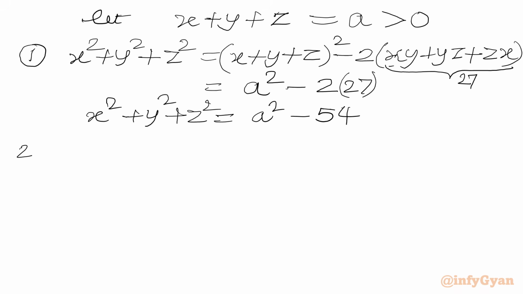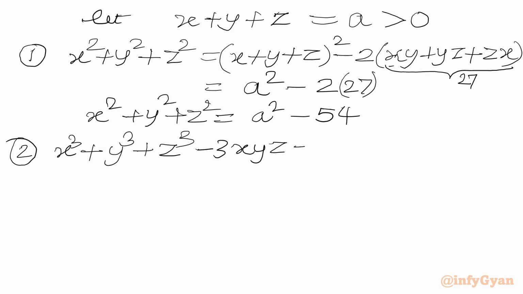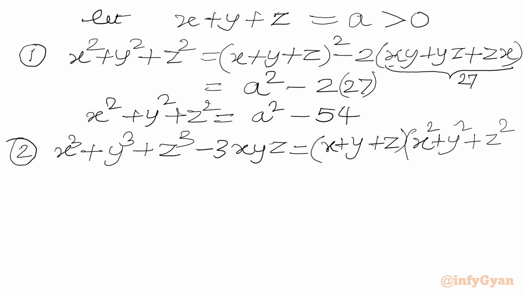Now I will write my second identity, which is x cube plus y cube plus z cube minus 3xyz. This is equal to x plus y plus z. I am writing the formula first, times x square plus y square plus z square minus xy minus yz minus zx, in the same bracket.